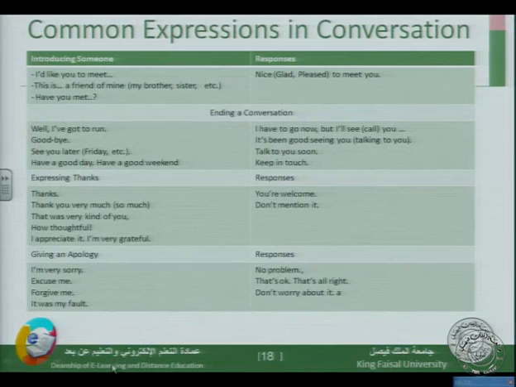So here we have also some expressions that we can use in conversations. In this line, we have some situations where we can use some expressions.